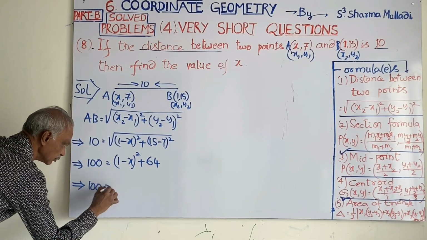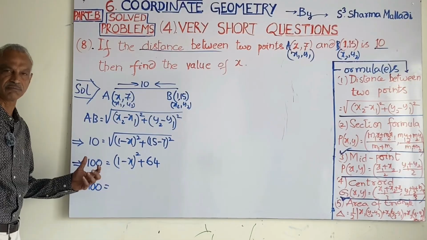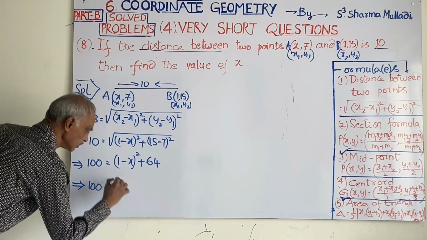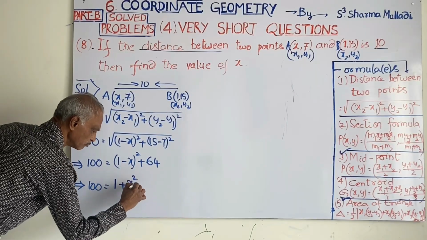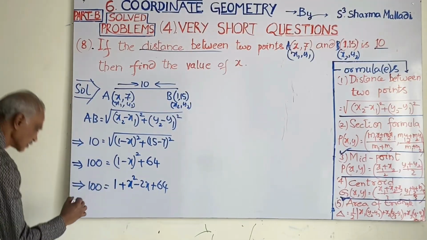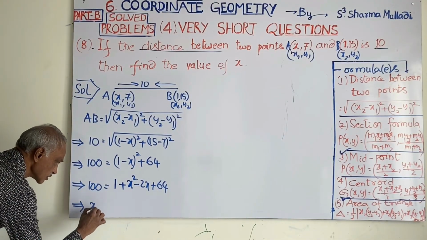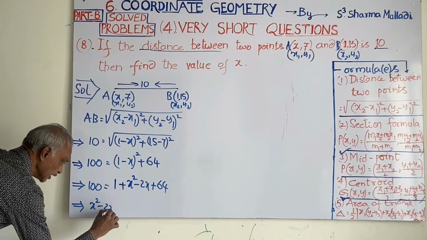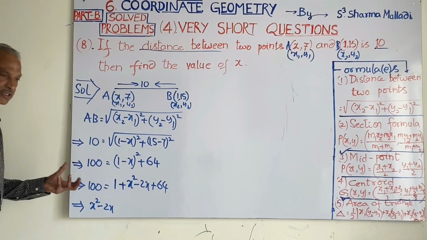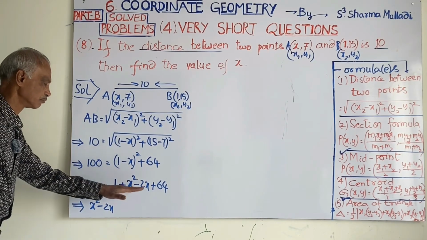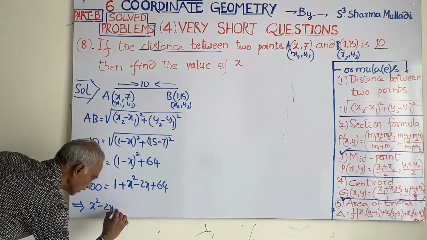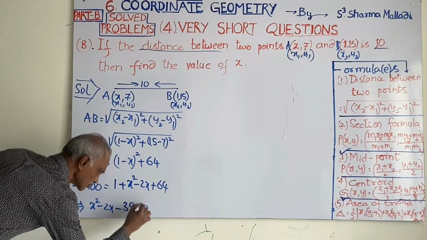Now 1 minus x whole square, a minus b whole square formula: a square plus b square minus 2ab. Like that, 1 square means 1 plus x square minus 2x plus 64. This equation can be written as x square minus 2x, and 64 plus 1, 65. x square minus 2x plus 65 minus 100 you will get minus 35 is equal to 0.